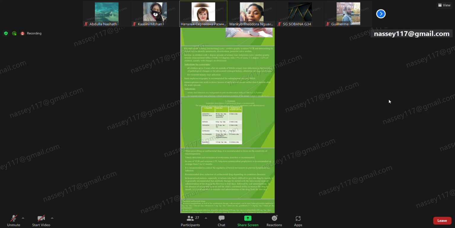Then another group of drugs are uroseptics like cotrimoxazole and furazidine. Cotrimoxazole is given 10 milligrams per kilogram per day, 2 to 4 times per day. And furazidine, 3 to 5 milligrams per kilogram per day, 3 to 4 times a day.